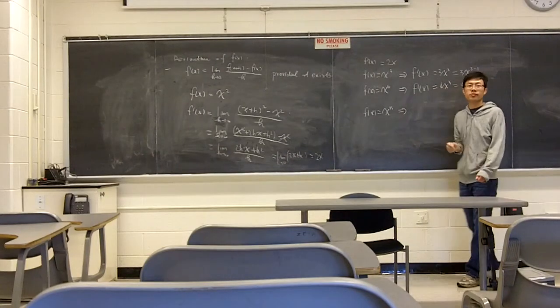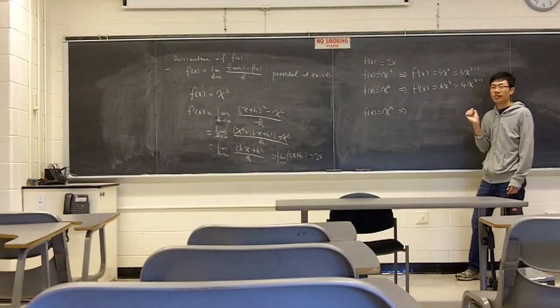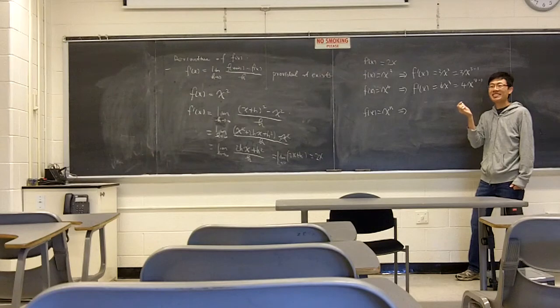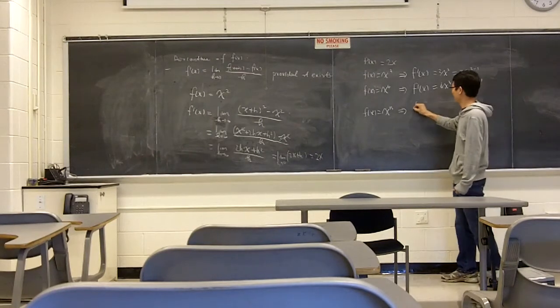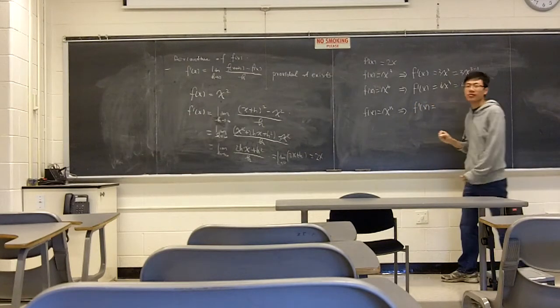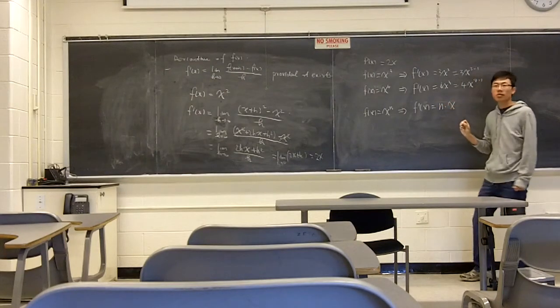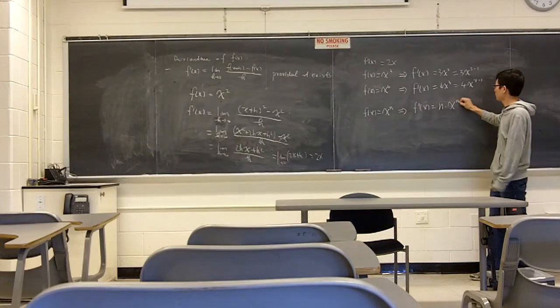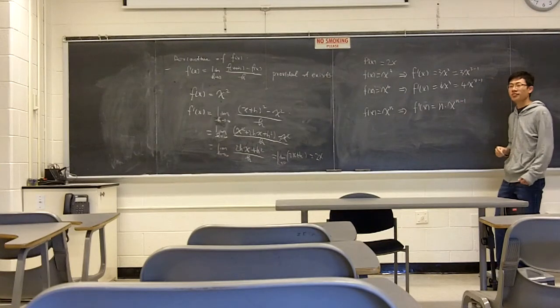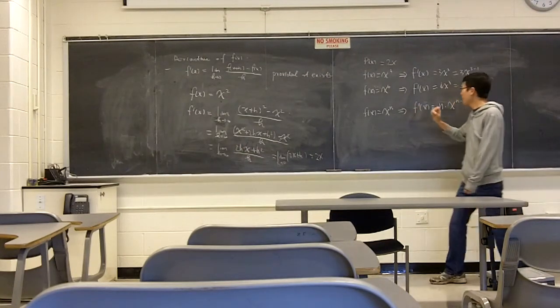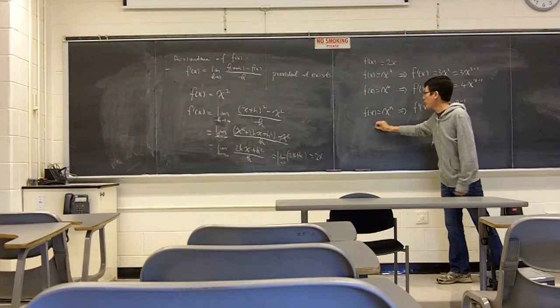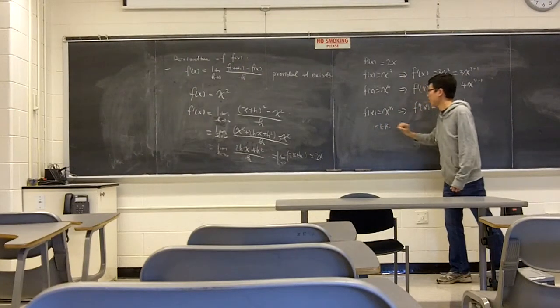So could you tell me what would be the derivative of x to the power n? n x to the power of n minus 1. Okay, that's right. Good. How about if n is a real number?